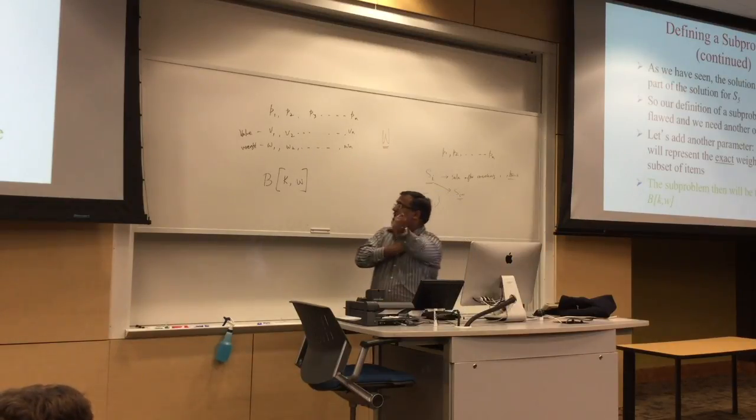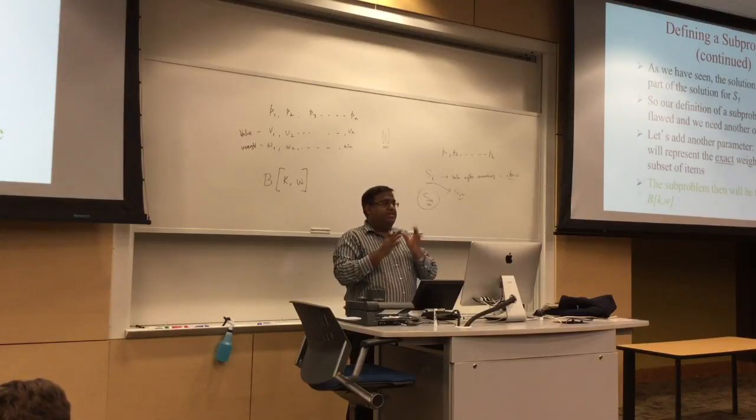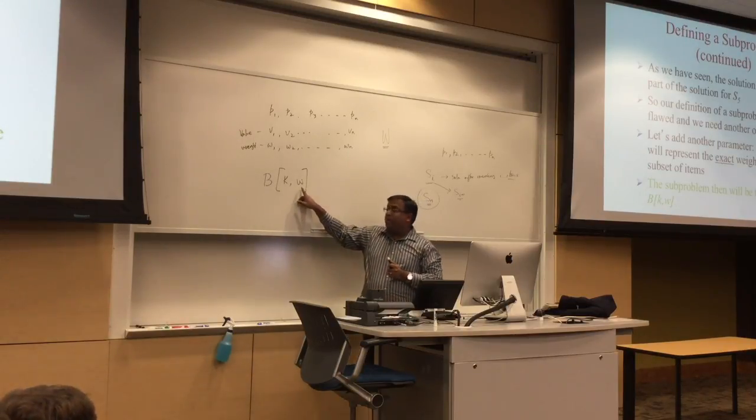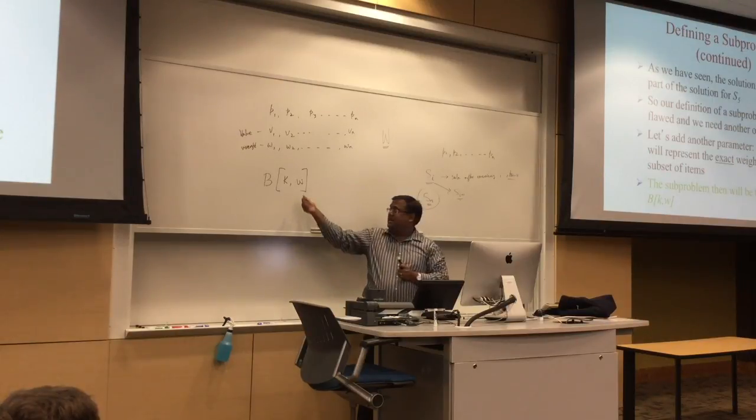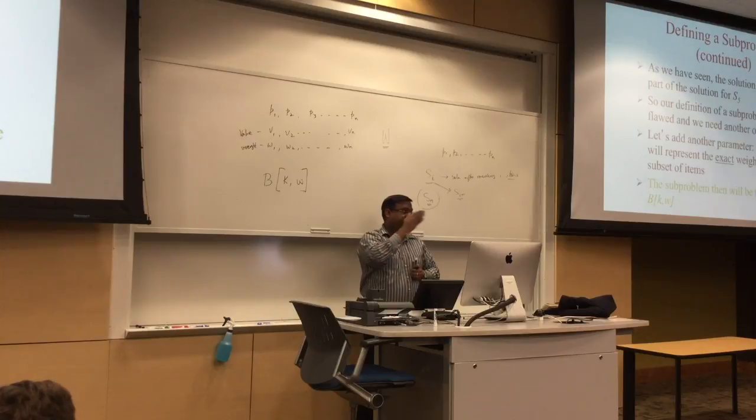So if I choose 3 items out of 5 items, then this W represents the exact weight of those 3 items. Does that make sense? But k is still 5, the items I've considered so far.